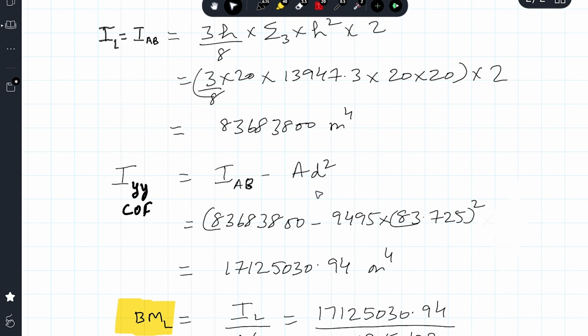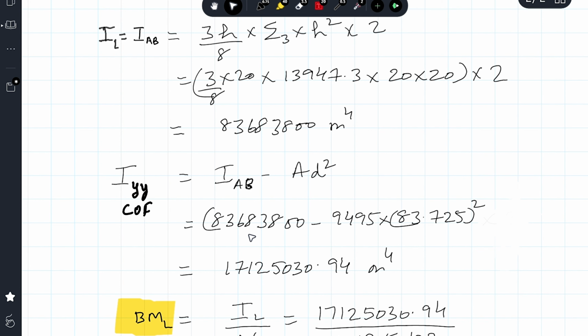A is the area of water plane and D is the distance between the two axes, means distance of the center of rotation from aft end. One axis is at the aft end, the second axis is the centroidal axis, and I found the distance of center of rotation from aft end.